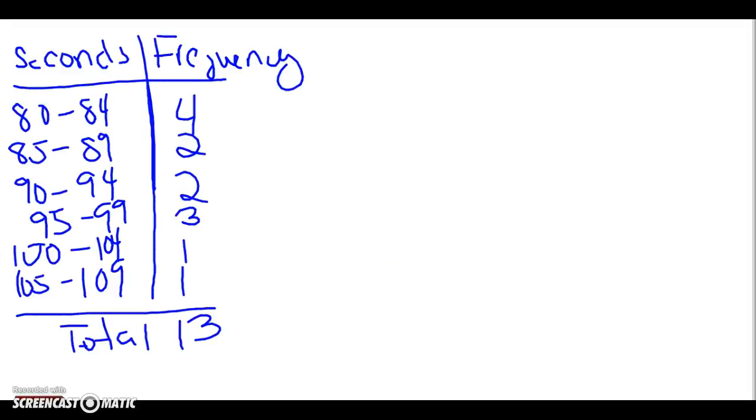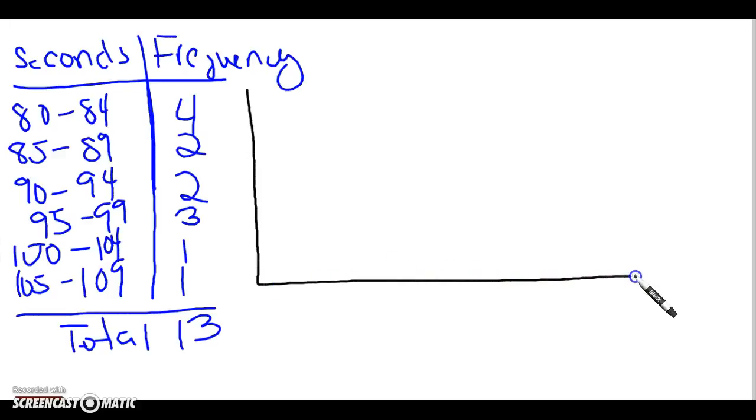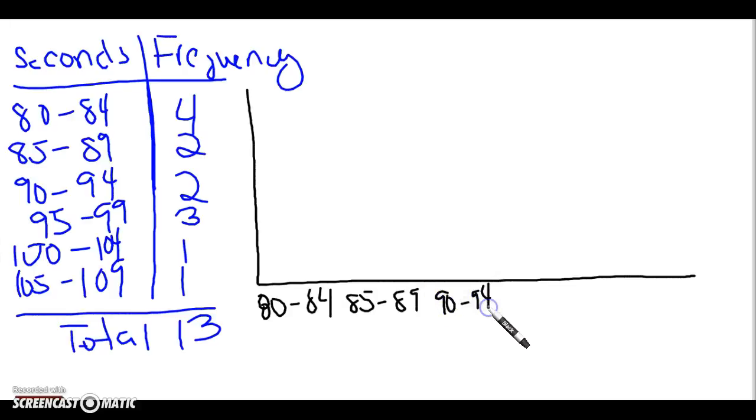Alright, so now my frequency table. I hope that I have enough space. Okay, so down here, I have 80 to 84, 85 to 89, 90 to 94, 95 to 99, 100 to 104, and 105 to 109.